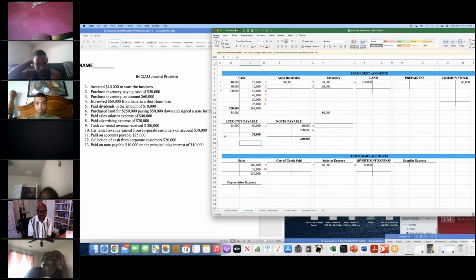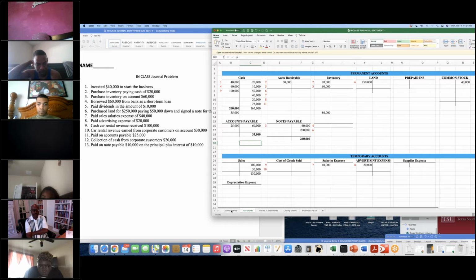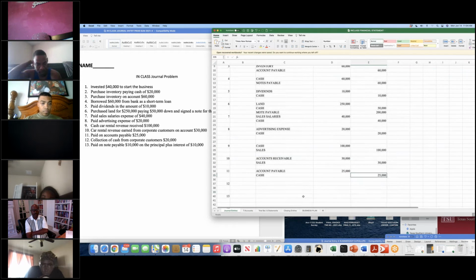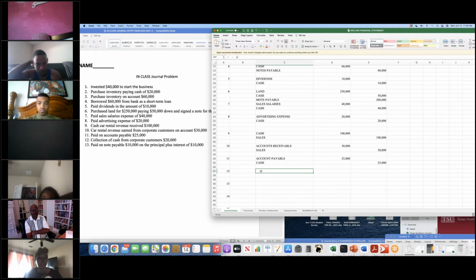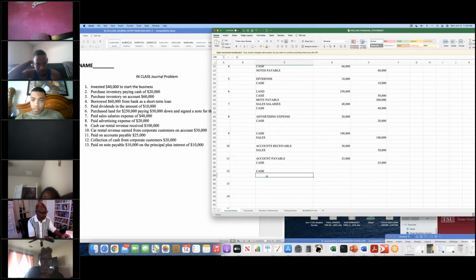Collection of cash from corporate customers. So at this point, Chris, what's the journal entry going to be? We're going to debit cash, and this is for number 12, and credit accounts receivable.